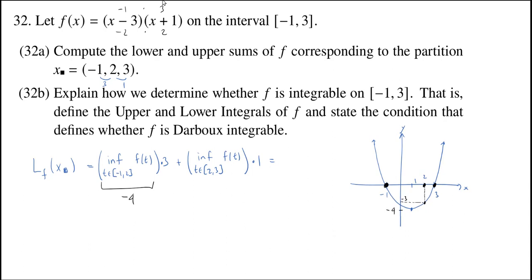Okay, so the infimum on this interval will be -3. And so in total, I'm going to have -4 times 3, which is -12, and -3 times 1, which is -3. And so my lower sum for f corresponding to the partition will be -15.